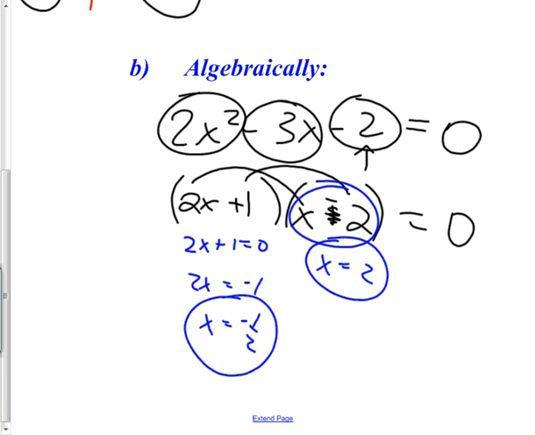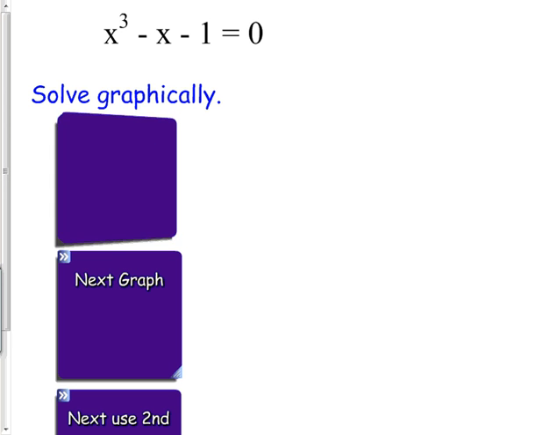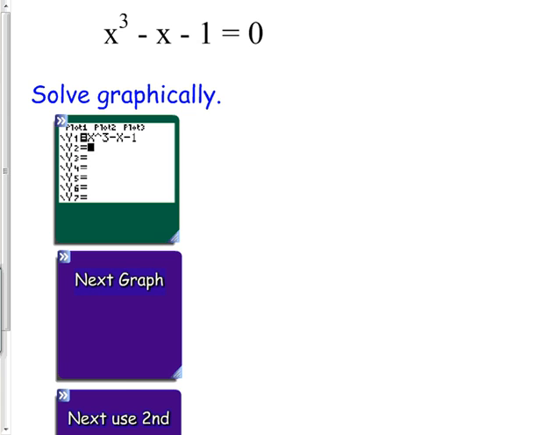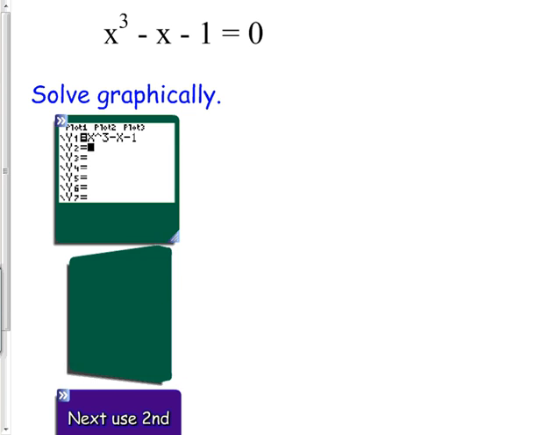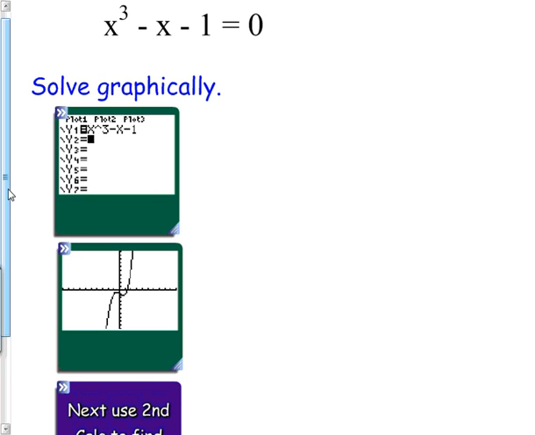So, all right. If you were going to solve this graphically, the first thing you'd do is type it in your calculator. Then you'd graph it, and it would look kind of like this. But what's weird about this one is that it has a degree of 3, so it should have 3 answers, and yet it only touches once.